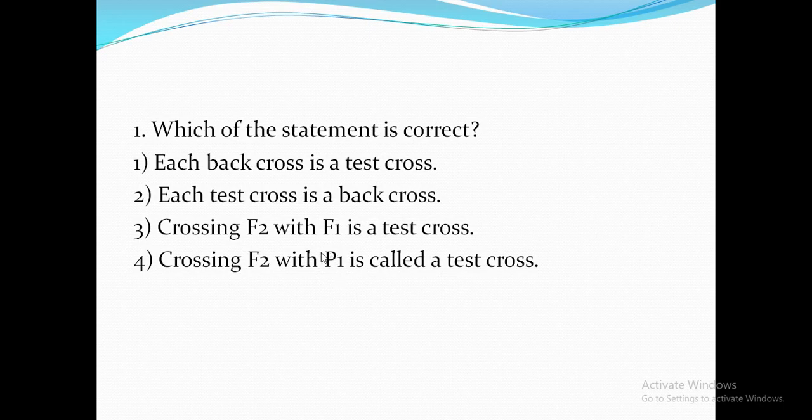So this is not a test cross; this will be a back cross. Remember, when an F1 or F2 hybrid is crossed with the double recessive parent, it is called a test cross. So here the answer is the second one: each test cross is a back cross.